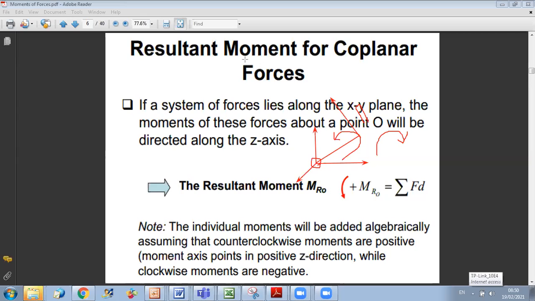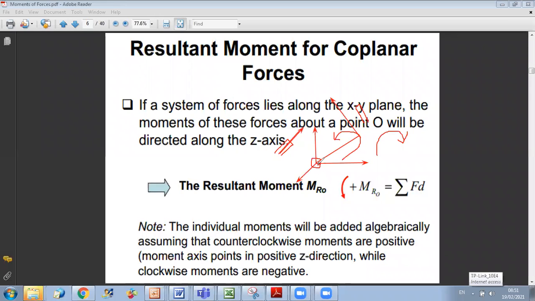So here, for example, if you have a force like this, this is my force, and this is point O. So now if I put my four fingers parallel to the force, with the face of my hand directed towards the origin, in which direction will my thumb point?